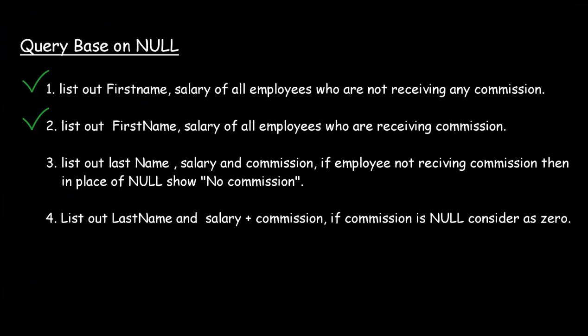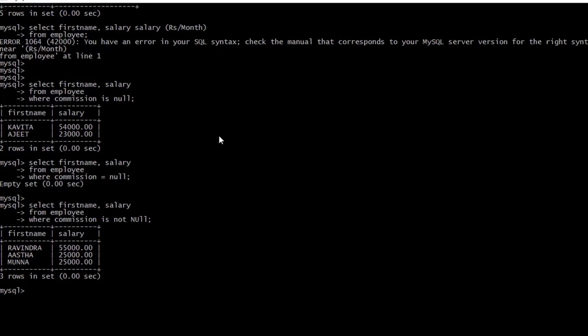Now move to question number 3. List out last name, salary and commission. If an employee is not receiving commission, then in place of null you have to show no commission. So I'm writing this query.